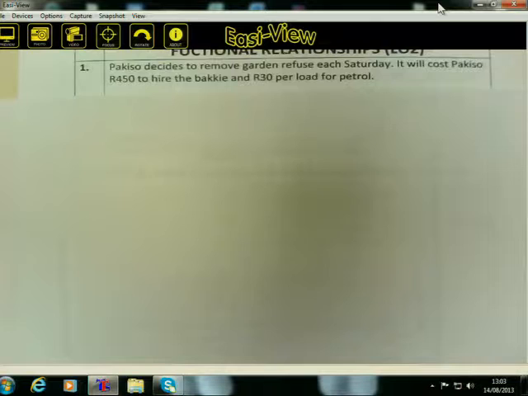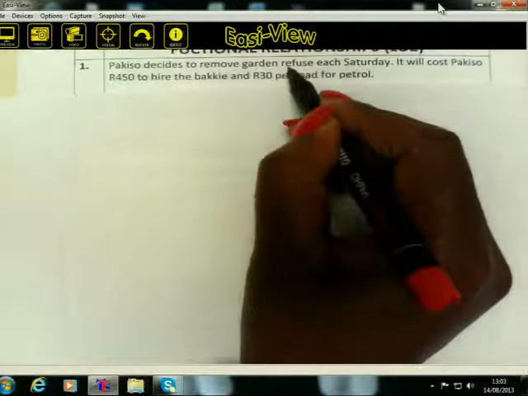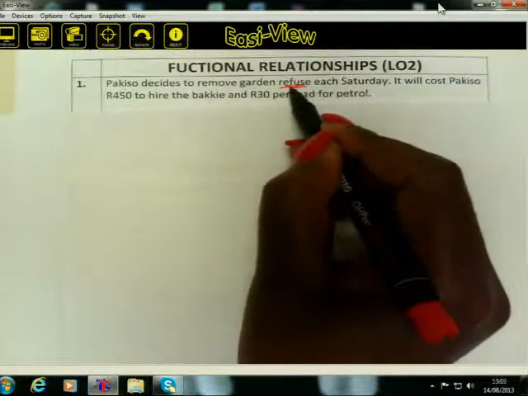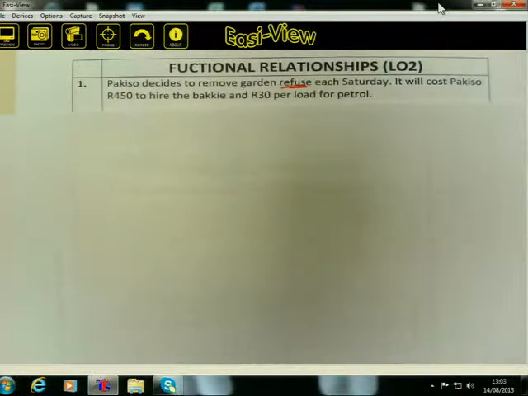The first question on functional relationships is, Pakisho decides to remove garden refuse each Saturday. Remember, some people call this refuse, they call it garbage or they call it rubbish. It will cost Pakiso 450 to hire the bakkie and 30 rands per load for petrol.